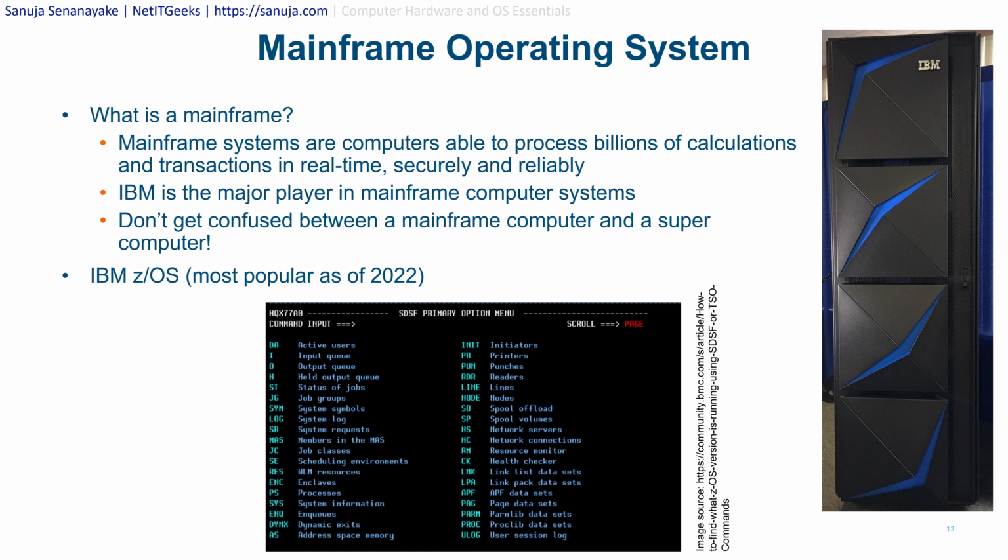Mainframe computers are concerned with processing billions of calculations and transactions, and they are highly reliable and highly secure. Their main focus is the reliability, security, and the billions of calculations of those transactions day in and day out.